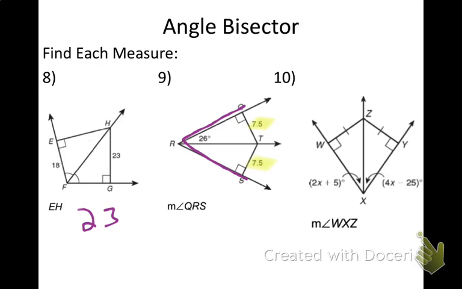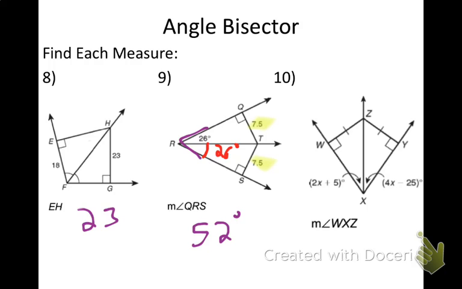Troy, this angle right here in red, my man. 26 degrees. Thank you, Troy. Now, Troy, what is my whole angle going to be then? So my whole thing is 52 degrees, which is what is actually asked for.